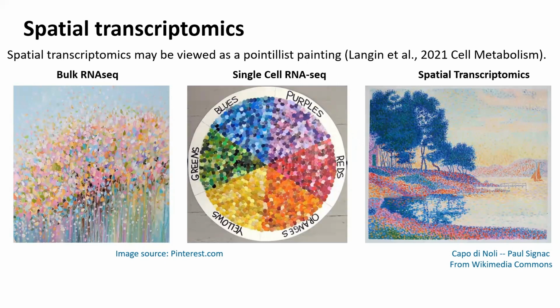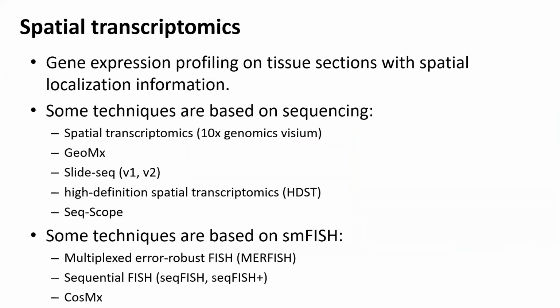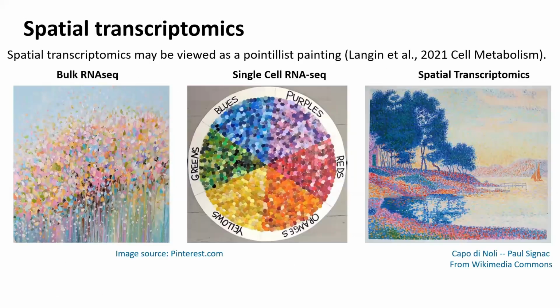Now, 10 years ago, a new set of technologies was developed. It's called single-cell RNA sequencing. Single-cell RNA sequencing is able to extract every single cell from that tissue and measure gene expression level. So that gives you extremely high resolution, measuring across tens of thousands of genes on each and every single cell.